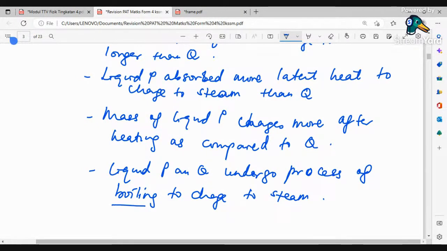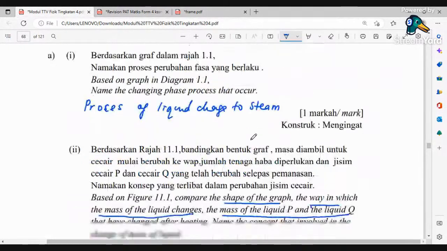So the process is boiling. 5 markah. Ini 5 markah untuk soalan ni.